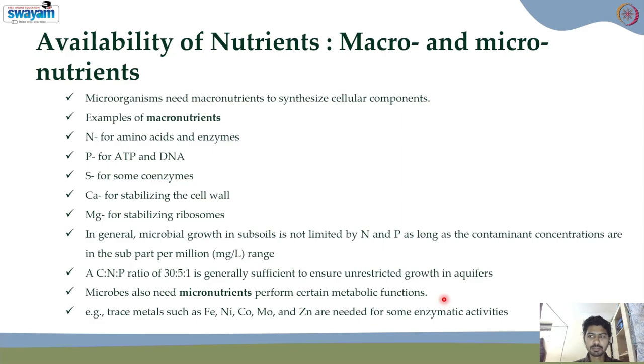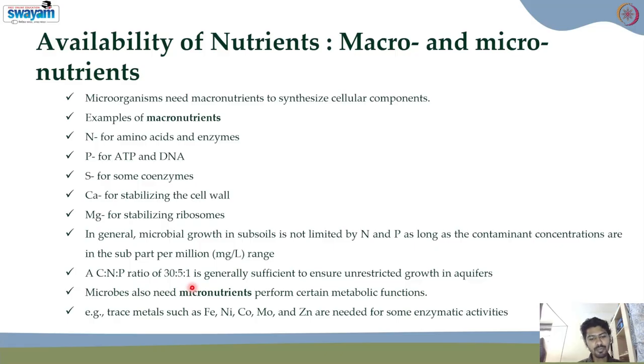Of equal importance to macronutrients is the other term, micronutrients. The term itself tells us that these nutrients are required in very small amounts. For example, the vitamins, minerals, they are required in very tiny amounts, and some trace metals, especially for specialized enzymes, act as a cofactor or coenzyme factor in order to catalyze the speed of the reaction.